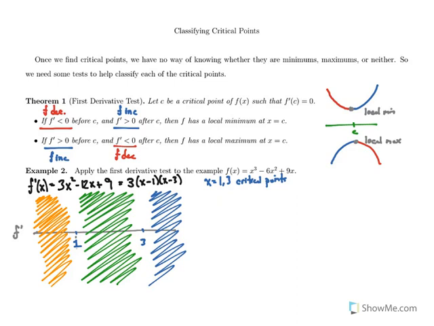It would either have to cross the x-axis, and that has to happen when the derivative is equal to 0, but we've already labeled all points where that occurs, or there would have to be some kind of discontinuity where we have a jump over the x-axis or some kind of vertical asymptote or something weird going on. And that would be another critical point because that would be a point where the derivative does not exist.